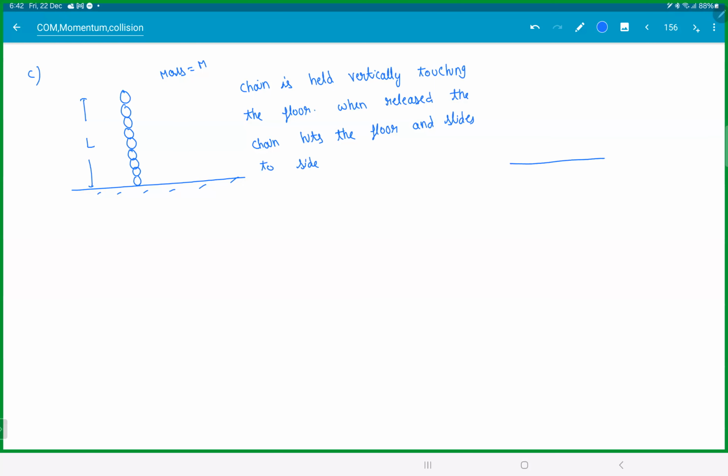The diagram would become like this. The chain is hitting and sliding to the side. Gravity is there. Find the force on the floor due to the chain as a function of x.